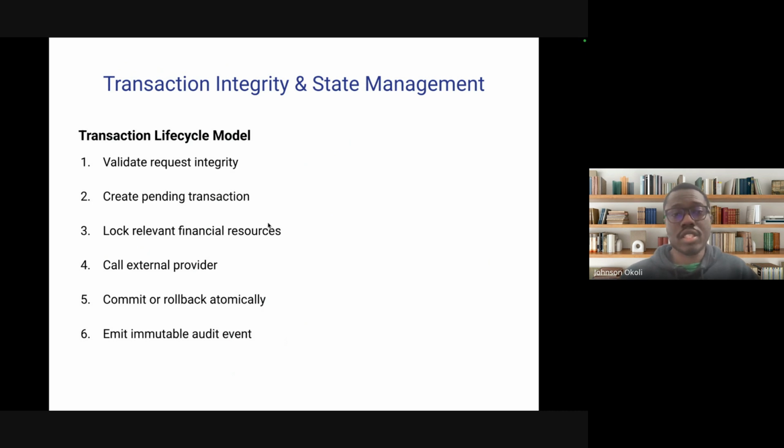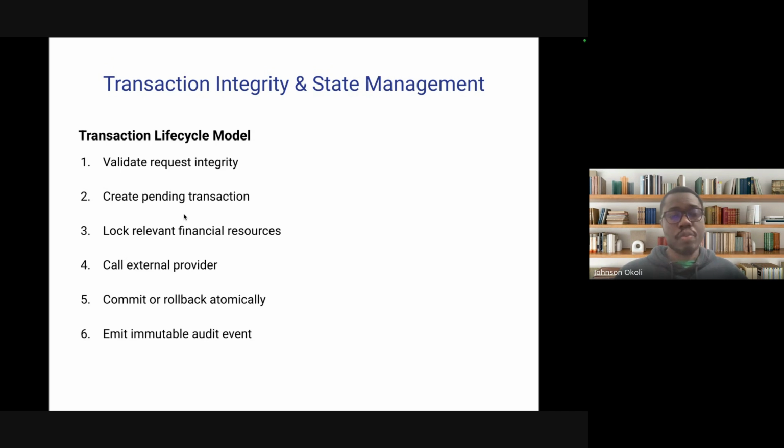Then transaction integrity and state management. So this is more like a lifecycle of a transaction where you validate the transaction, you mark the transaction as pending. So for instance, someone tries to top up the wallet. The first thing you do is you validate that all the data that has been sent is actually correct and factual.